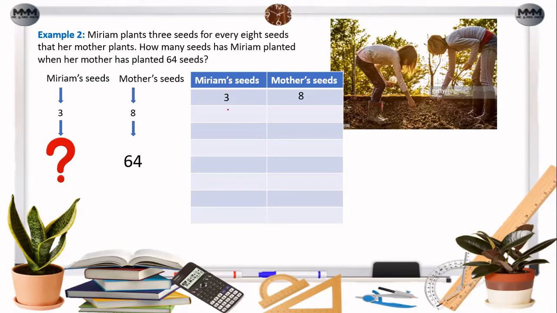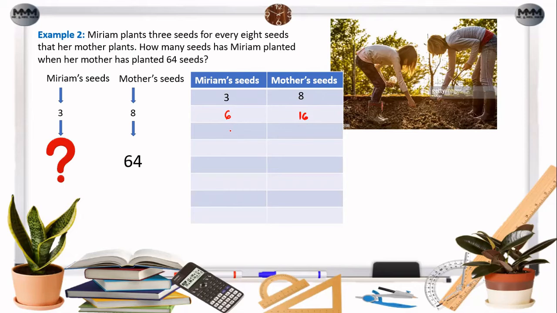Next of 3 is 6, right? So for her mother, she can plant 16, because for every 3 of Miriam, her mother can plant 8 seeds. So if Miriam can plant 6 seeds, her mother can plant 16 seeds. Follow?